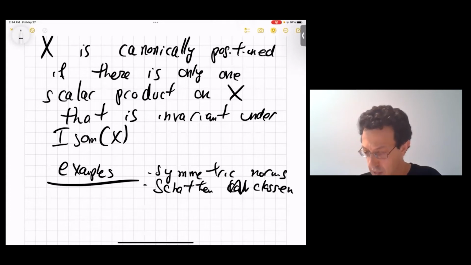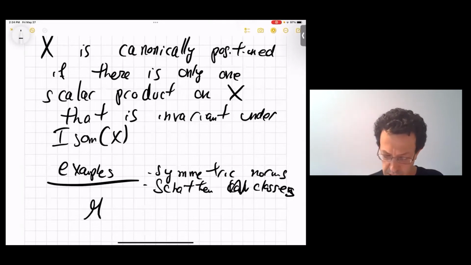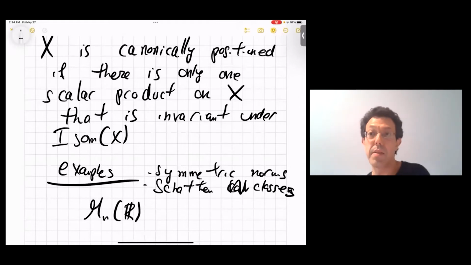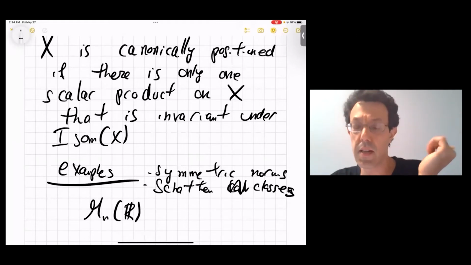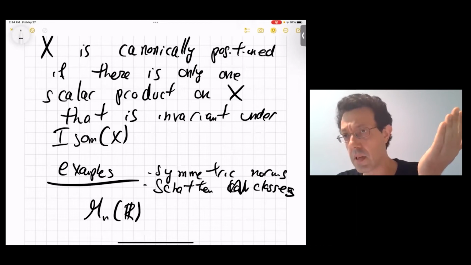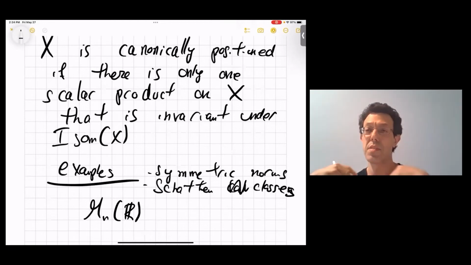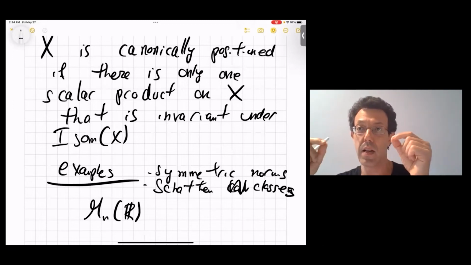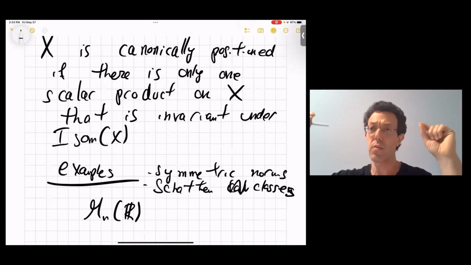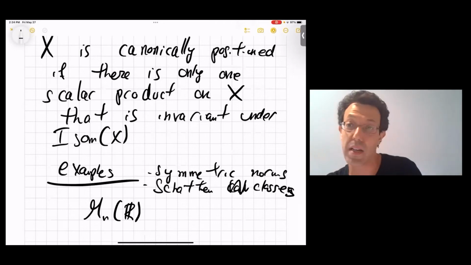So I'm really interested in matrices. So we look at any norm on Mn(R), the n by n matrices, which is invariant under permutations of rows. You can just permute rows, permute columns, or change a sign. Just take one of the rows or one of the columns and change it to minus of itself, of the entire row.